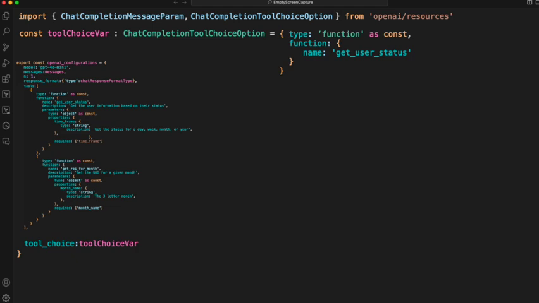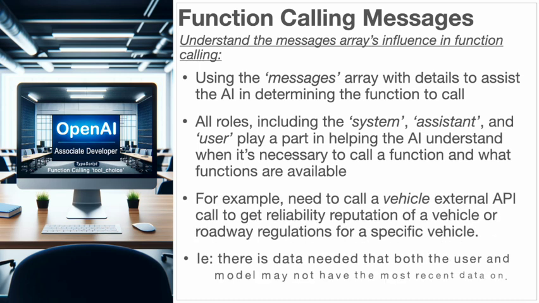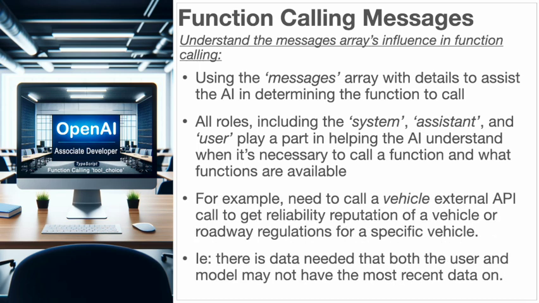So now that we've set up all our tool variables to have the AI call our functions, be sure to look at this example source code from GitHub to notice the changes we made to the messages content in the user and system roles. Recall from earlier, in order for the AI to give you back correct parameters to your function, it needs clarity on the conversation's context. Once you have your messages set up, go ahead and compile and run your code to see the AI's function calling response for the getUserStatus function call.